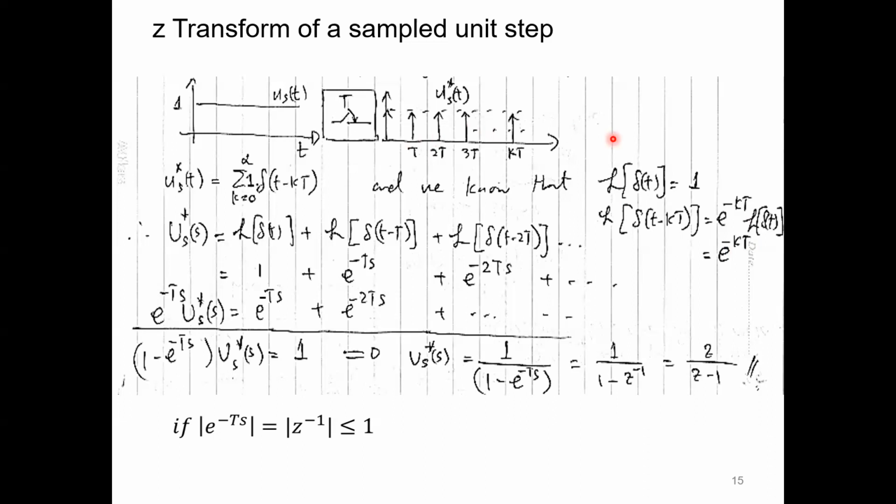So again, if you look at the superposition theorem of Laplace, it says if a function has multiple components and they all have separate Laplace transforms, you can add them together to get the Laplace transform of the compound signal. Okay. So you add them together, e to the minus kts, all of them, from 0 to infinity. And then what you get is the Laplace transform of the sampled sequence of unit step.